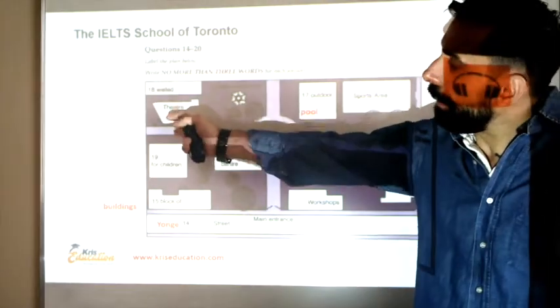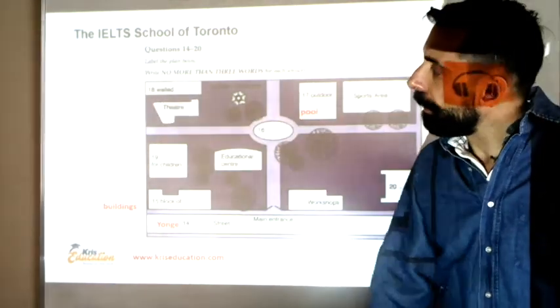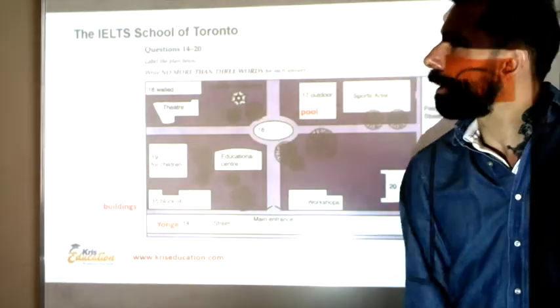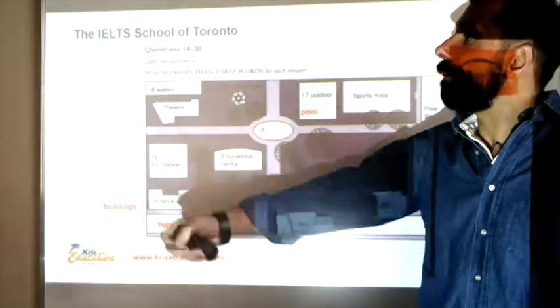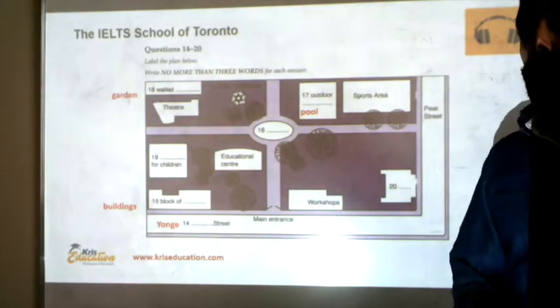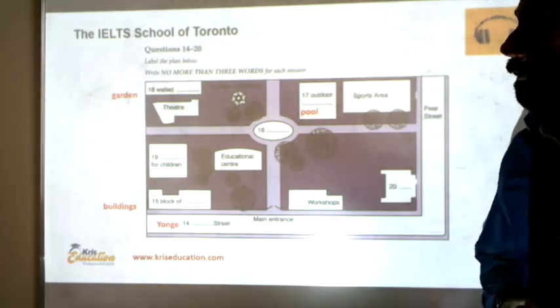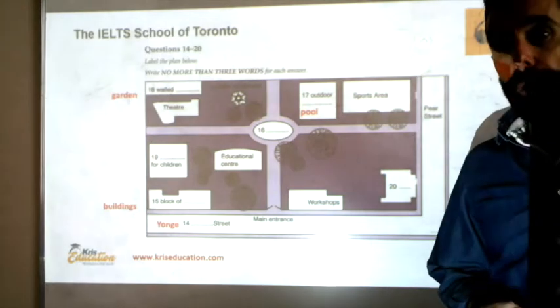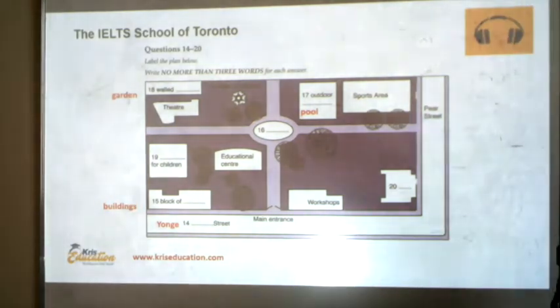Number 18 is above the theatre, and you've got these things here, outdoor sculptures, and the word given is walled. Walled, and the word that comes to mind is walled garden. It's a very good collocation. Walled and garden are words that often appear together.